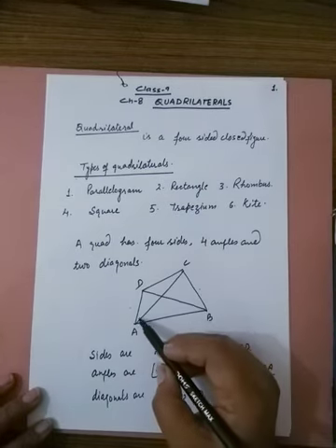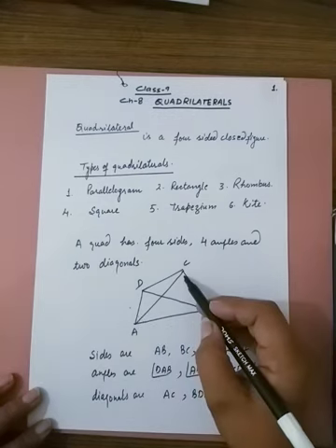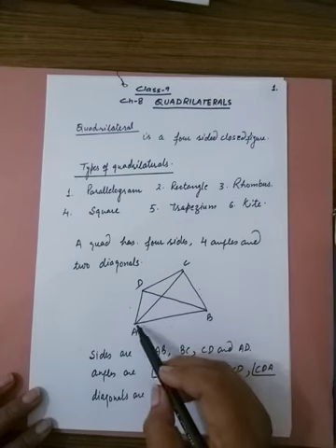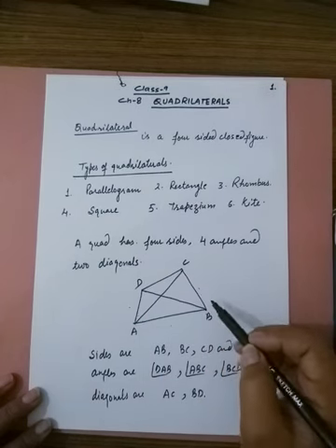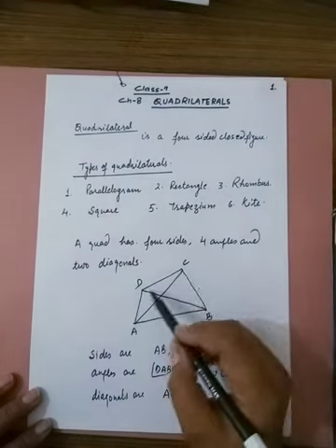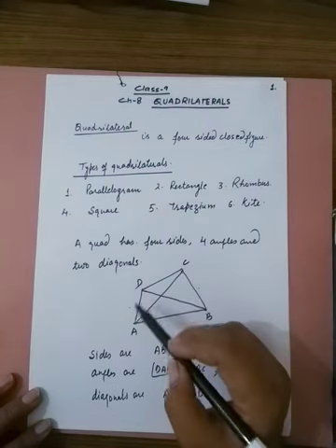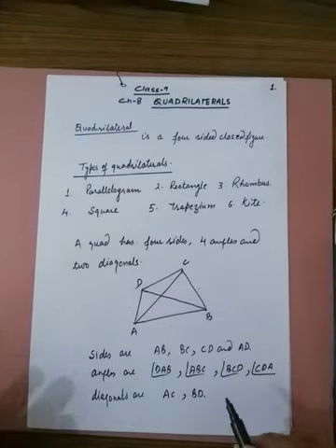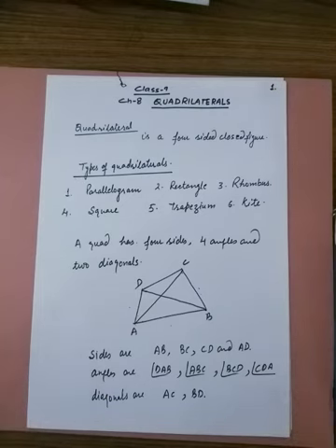And angle A is opposite to angle C, angle B is opposite to angle D. But angle A and angle B, angle B and angle C, angle C and angle D, and angle D and A are pairs of adjacent angles. Here we will study the properties of the different types of quadrilaterals.